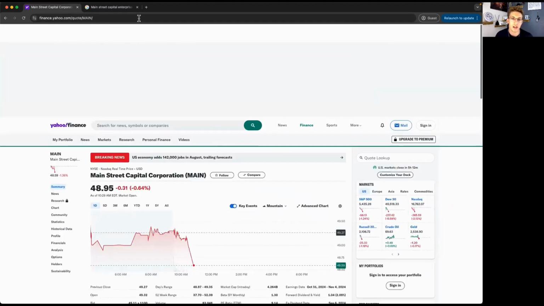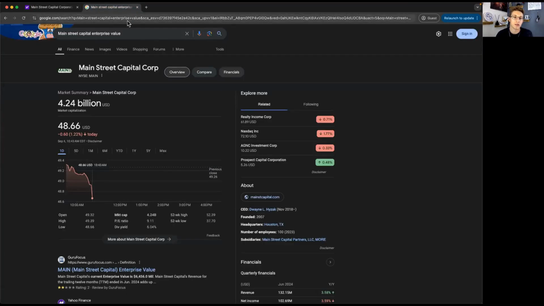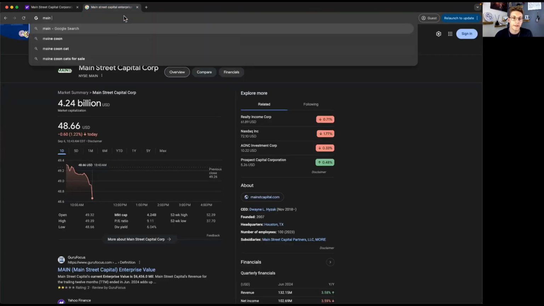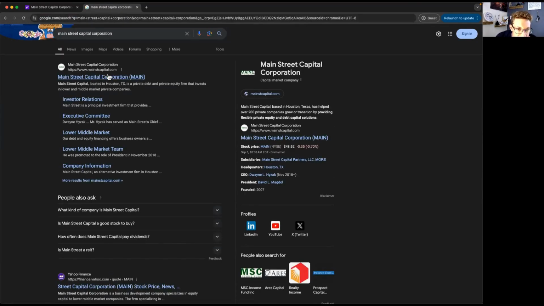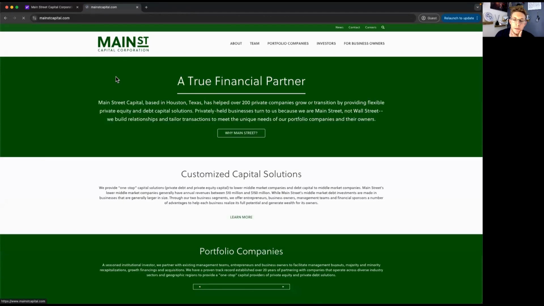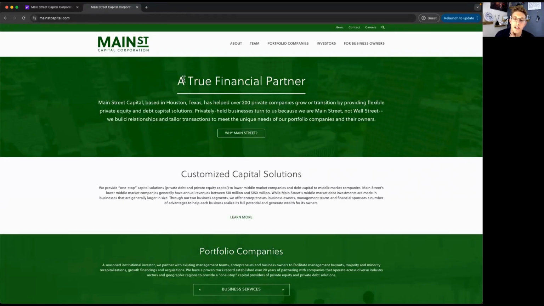Let's just look up Main Street Capital Corporation, and let's find their website real quick. And then we can see, yep, mainstreetcapital.com. Perfect. So we can see they're a true financial partner and they've got their website. Flexible private equity and debt capital solutions. Yep. So that's kind of cool.